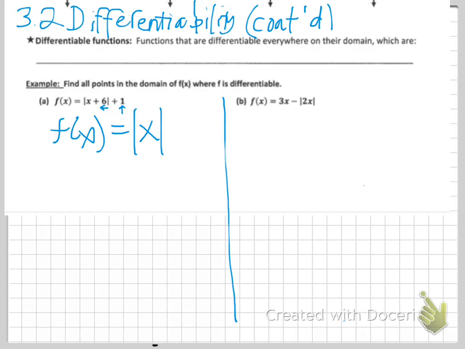Okay, so what does this graph look like? That's where our vertex is going to be, and the slope is still 1.